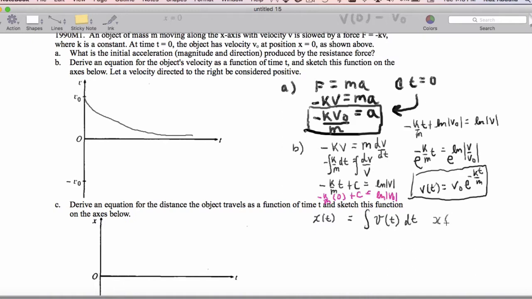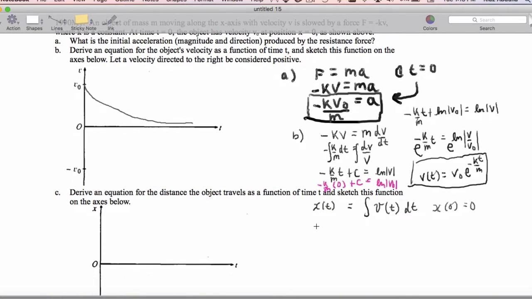So we're going to say x of 0 equals 0. So let's go ahead and actually integrate this function. x of t equals the integral of v naught e to the negative kt over m dt.